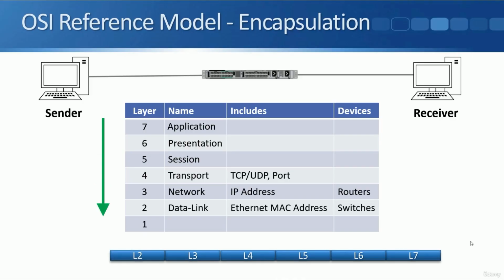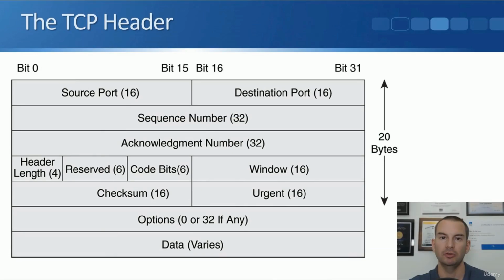What you're going to see in the next slide is how that layer 4 header is composed, what comprises it. And here's how it looks. We've got the source port and the destination port numbers, as we spoke about earlier. We then have the sequence number and the acknowledgement number.